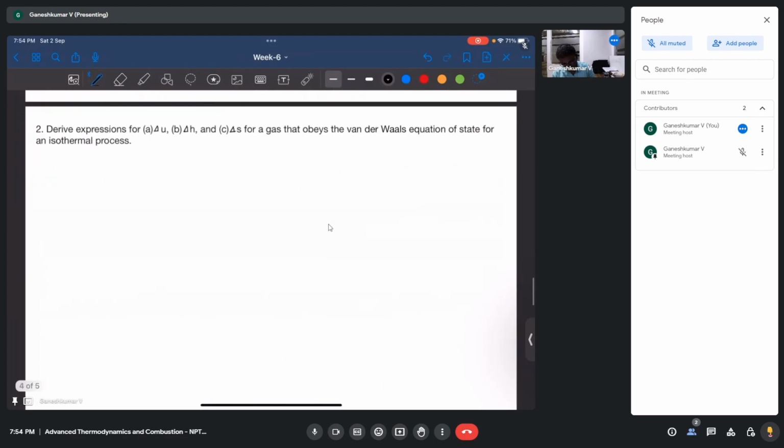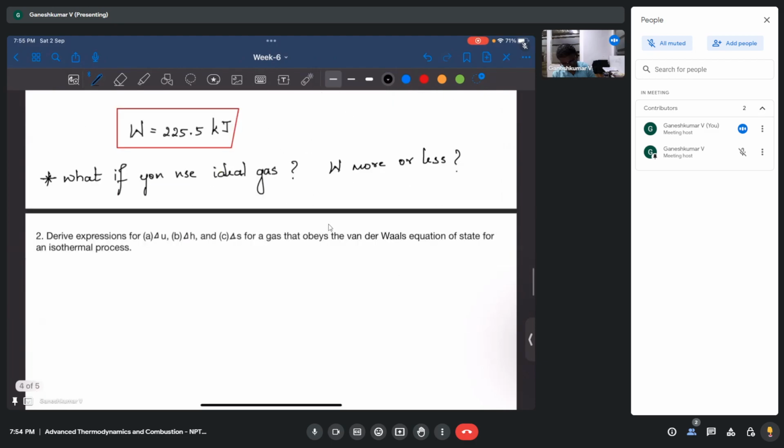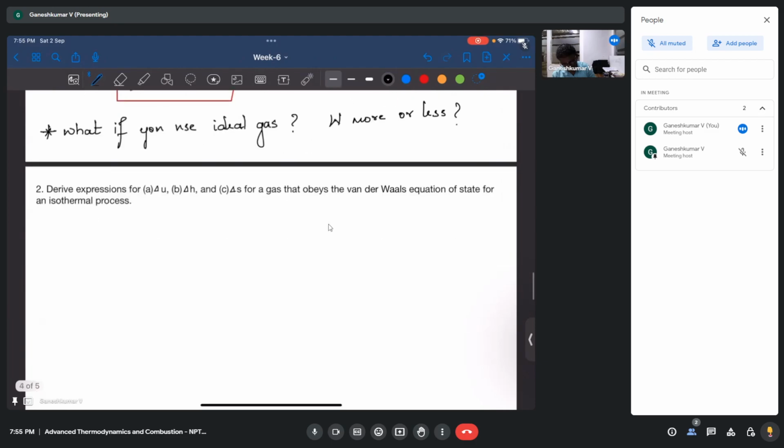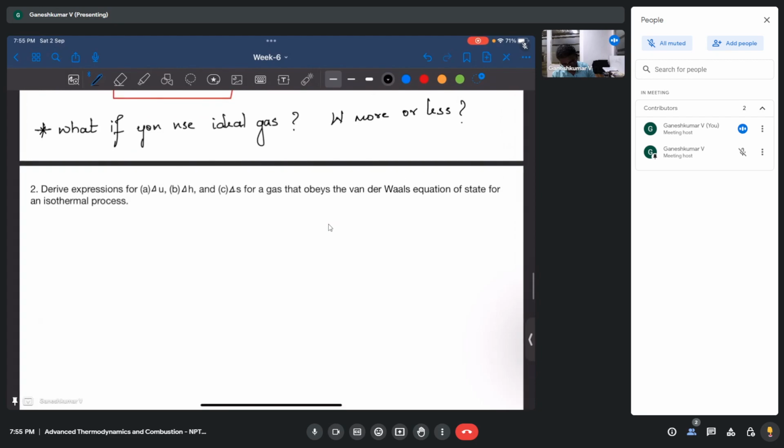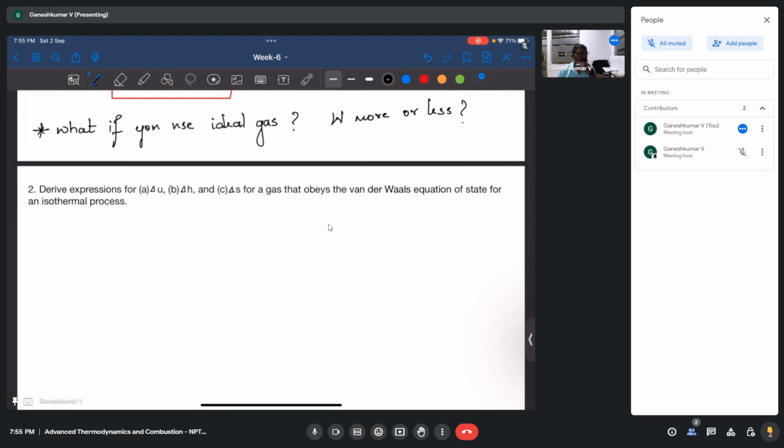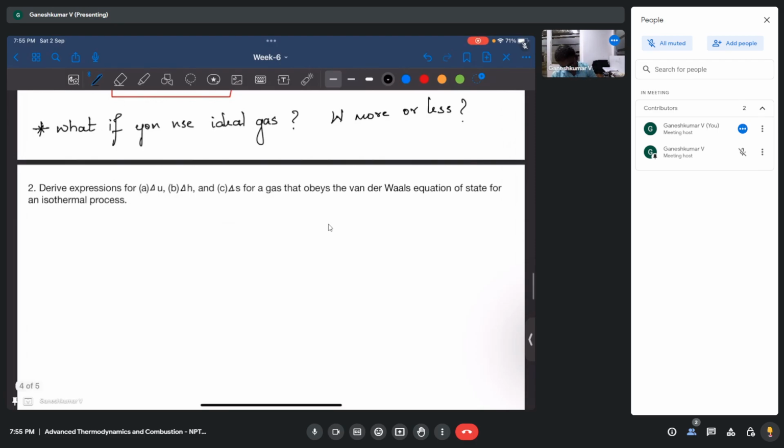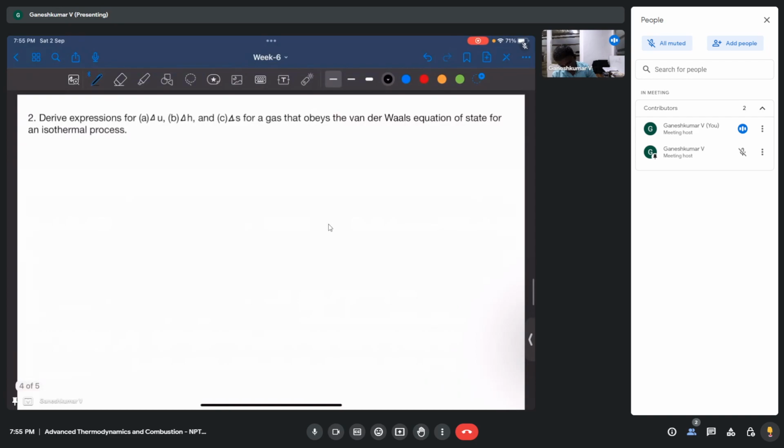And since this is an expansion process, you are taking work out of it. So the work coming out will be more actually, since you consider it as an ideal gas. In a real gas, you may not end up getting that much work. All right, you can check that.